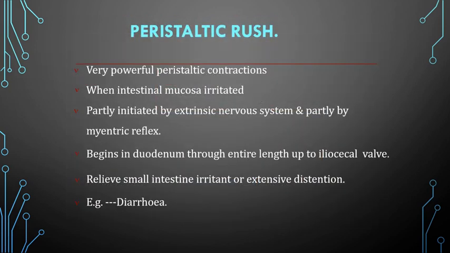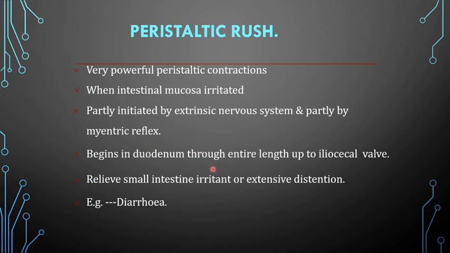So the next type of movement is peristaltic rush. It is a very powerful peristaltic contraction which is stronger than the normal peristaltic contraction. This type of peristaltic rush is present when there is irritant food in the intestines. It is partly initiated by the extrinsic nervous system and partly by the myenteric reflex, that is the enteric nervous system.